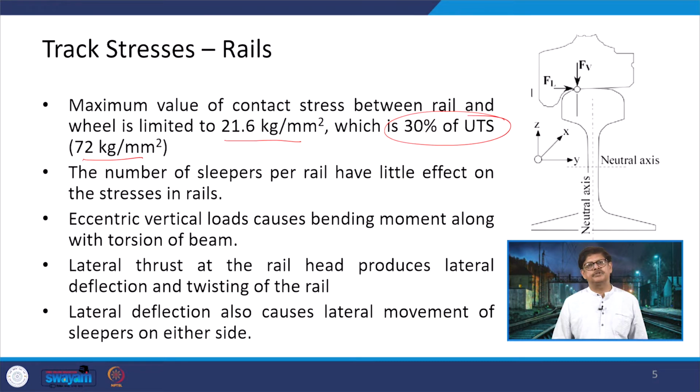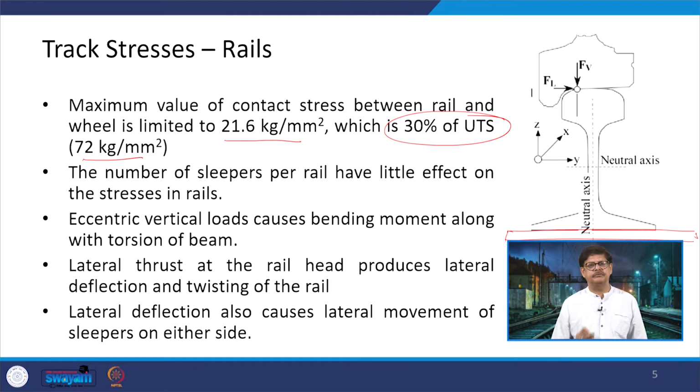The number of sleepers per rail has little effect on the stresses in the rail. So, whatever sleepers have been provided at the bottom to take the load from the rail and distribute it to the ballast, we discussed in terms of the track modulus that it contributed not only in terms of the type of sleeper but also the sleeper density.